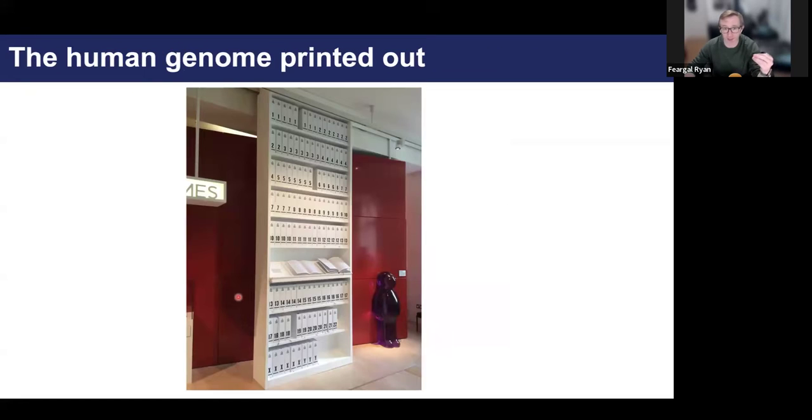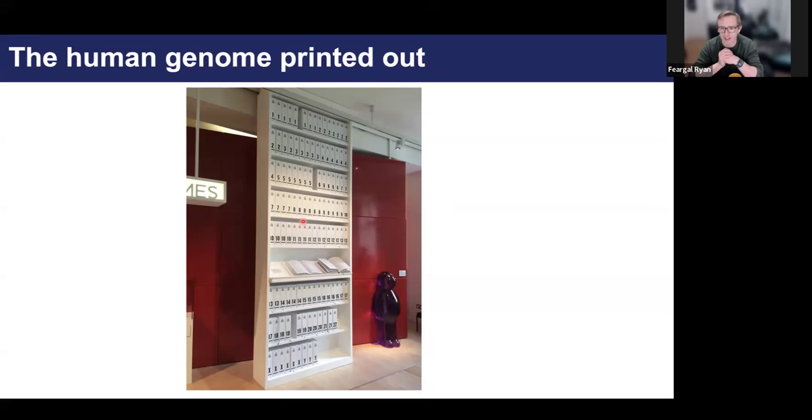When we think back to what the human genome looked like back then, they used to always have this printed out. Here's each of the chromosomes, and you can go in and read them. It's literally just strands of A's, T's, G's, and C's over and over again. If you're interested, there's a very funny clip from a medical drama show where they're trying to figure out what's wrong with the patient, and they sequence the genome and think it's a genetic disease.